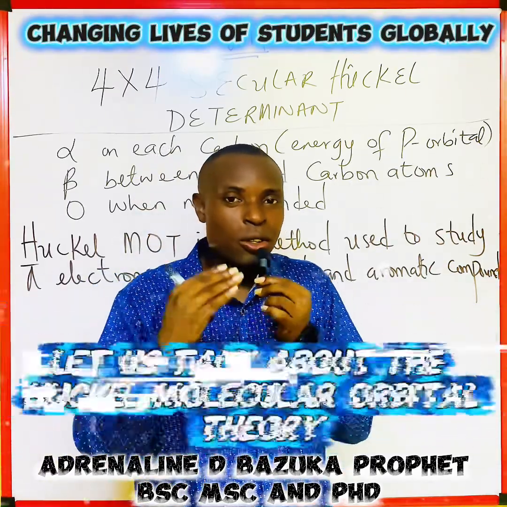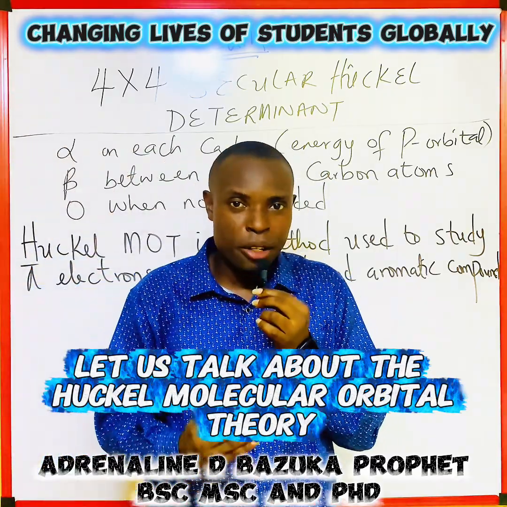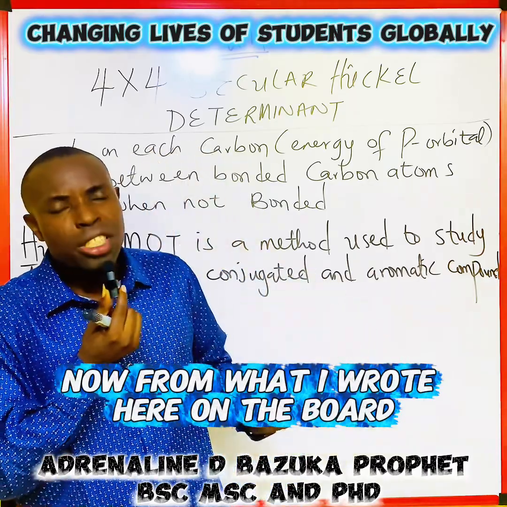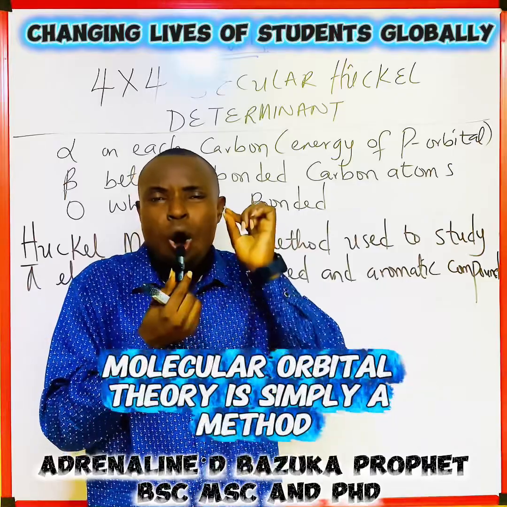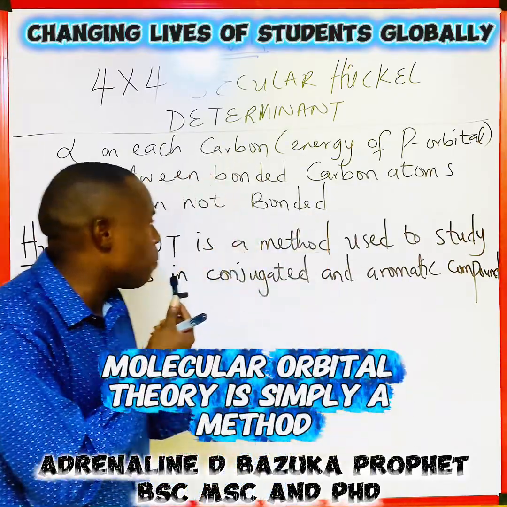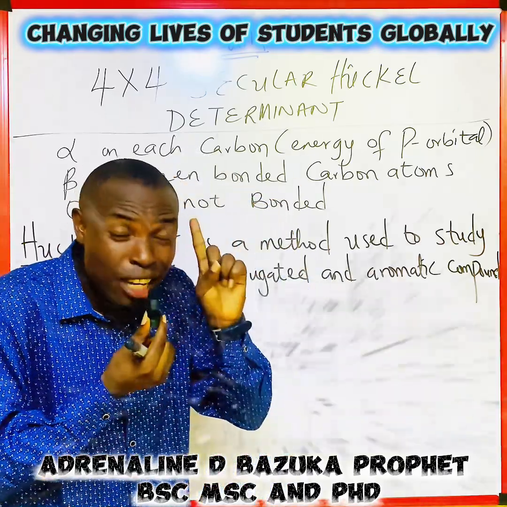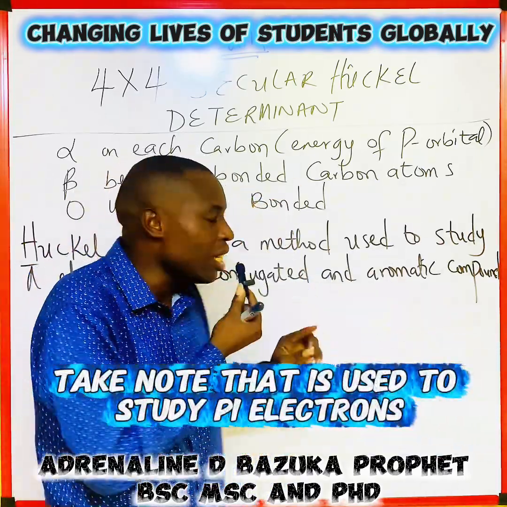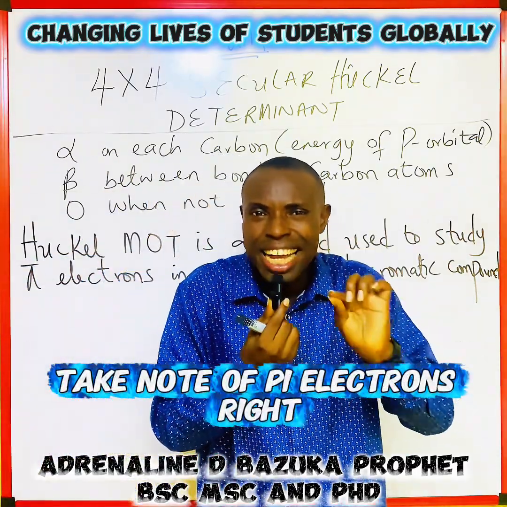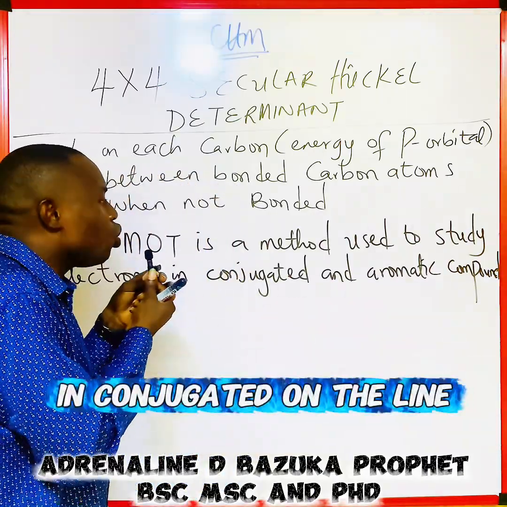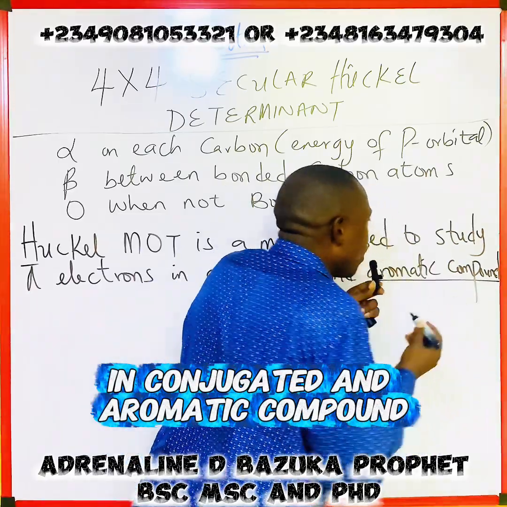Quickly, let us talk about the Hückel's molecular orbital theory. From what I wrote here on the board, the Hückel's molecular orbital theory is simply a method that is used to study, take note, pi electrons, in conjugated and aromatic compounds.